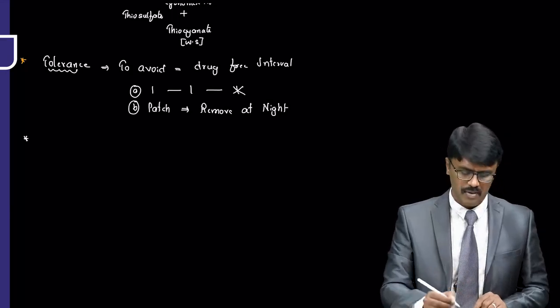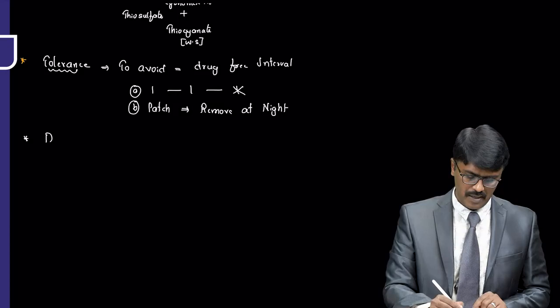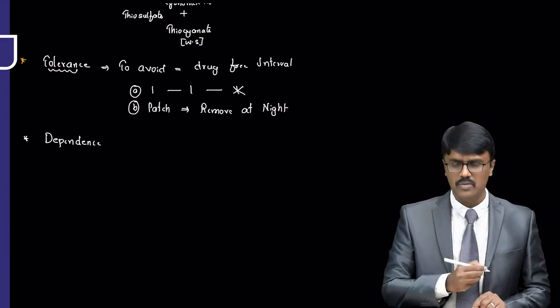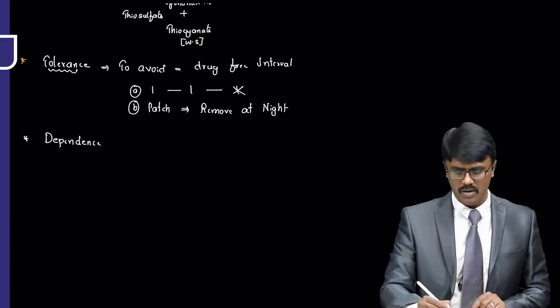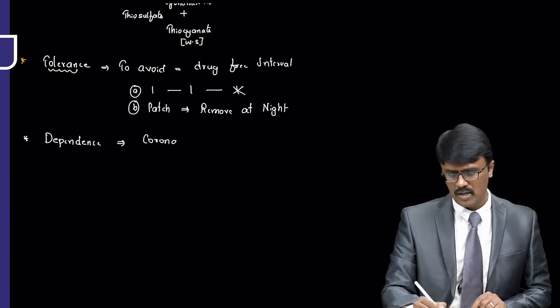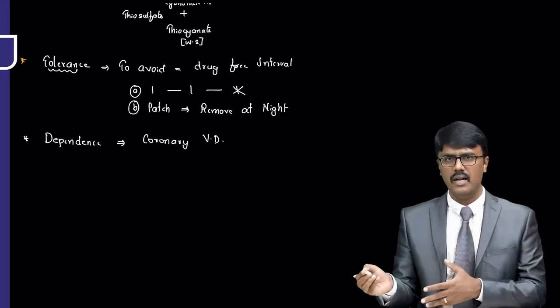Another important problem is dependence. So when we use nitrate, the coronaries depend on nitrates to dilate. So coronary vasodilation depends on nitrates. If you give nitrate, the coronaries will dilate.